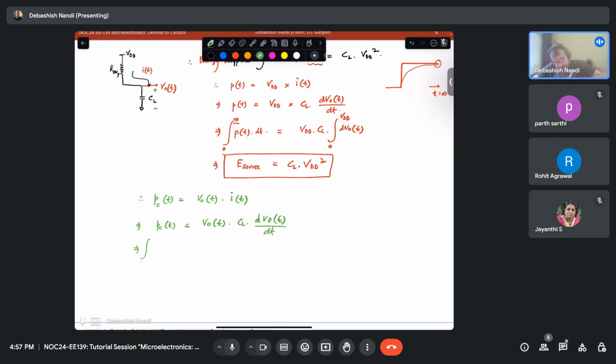Now if you integrate in the same fashion, PC of t dt is CL Vo of t times dVo of t by dt, from 0 to VDD. So you can see that the energy stored in the capacitor is half CL VDD square.